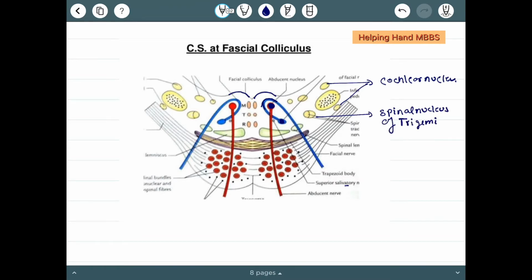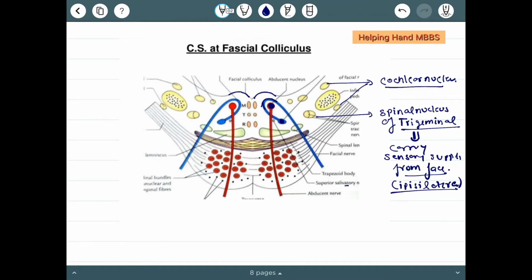We saw that the trigeminal nerve arises from the pons in the first diagram I showed you. Its function is to carry sensory supply from the face, ipsilaterally. So this is the function of the spinal nucleus of trigeminal.